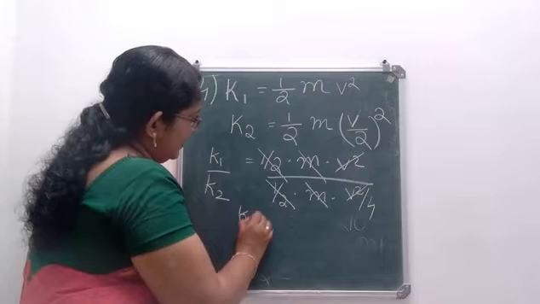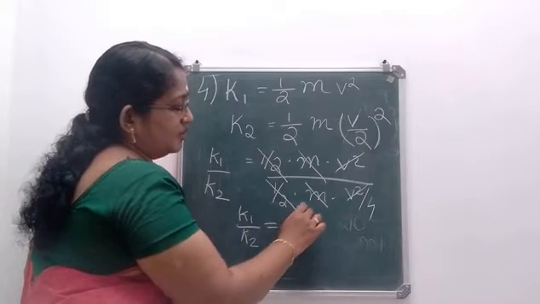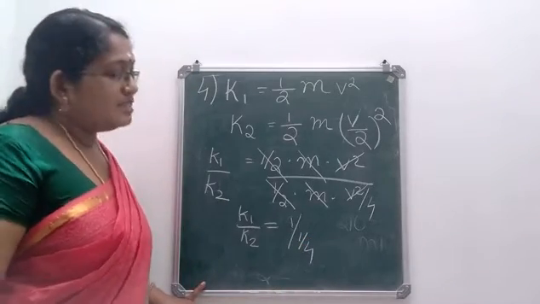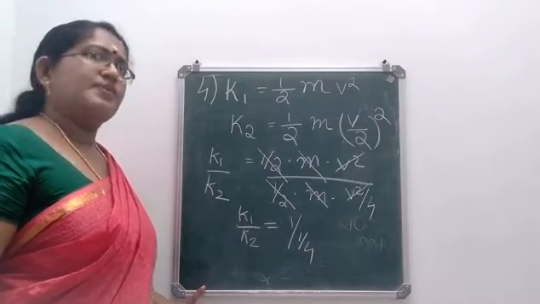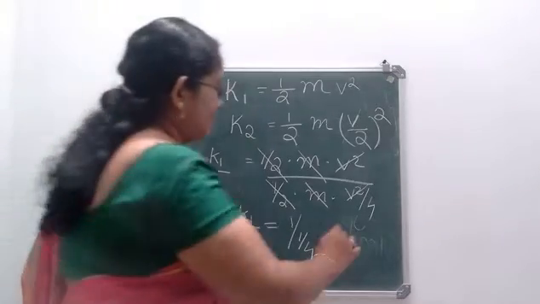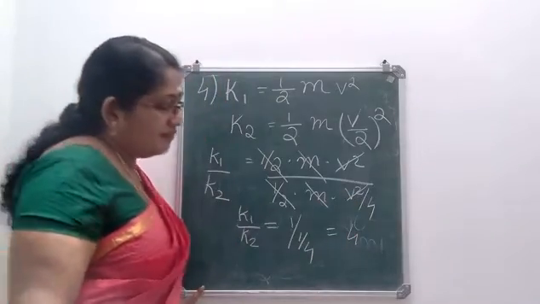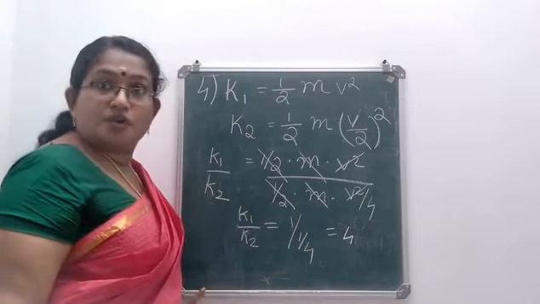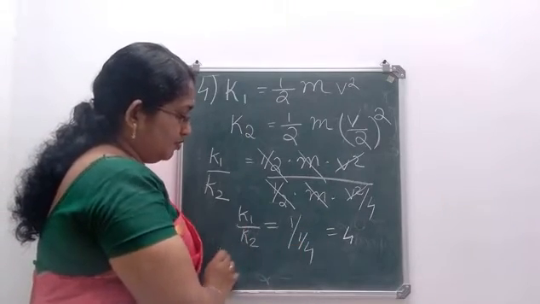And what are we getting here? K1 by K2 is equal to 1 by 1 by 4. How much is 1 by 1 by 4? It is the reciprocal of a fraction, isn't it? 1 by 1 by 4 means it will be equal to 4 by 1 or 4. So K1 by K2 is equal to 4.